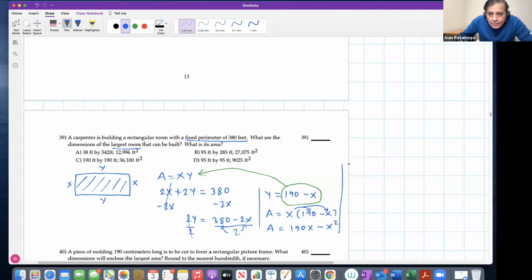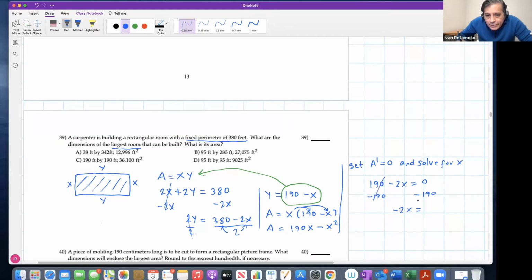Next, we know what to do to maximize this. Set the derivative of your area function equal to 0 and solve for x. That's all. So the derivative of this function is 190 minus the derivative of the first term, minus twice x, derivative of x squared. That should be equal to 0. Well, then solve this equation any way you feel comfortable solving it.